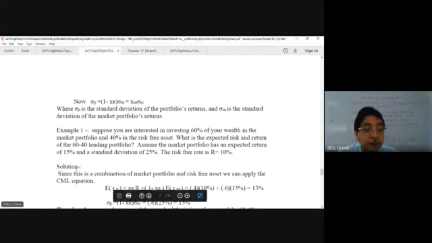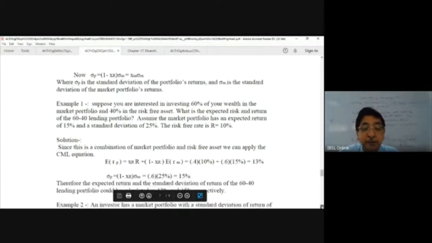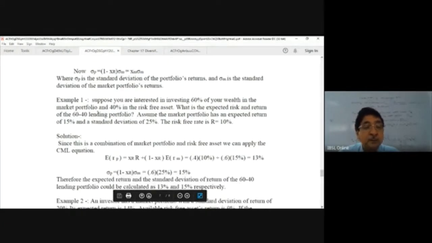Now, it is being solved here. It's a very simple thing. You have 60% in the market and 40% in the risk-free asset. So 0.4 is the 40% into 10, where 10% is the risk-free rate, and 15% is the market return, 0.6 into 15. I come up with 13%.